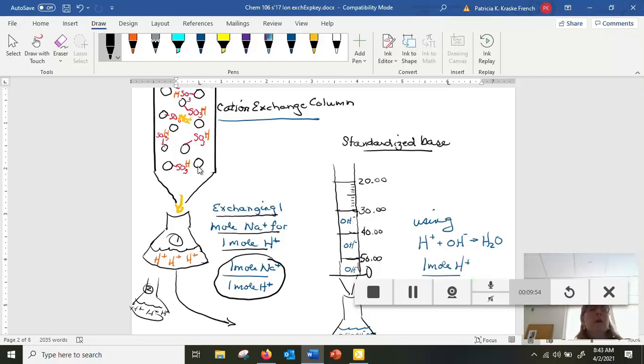Then we do it a 3rd time, okay? This particular cation exchange column is loaded with enough hydrogen so that we could probably do this 6 or 7 times before running out of hydrogens that can be exchanged. But let's not go that far. 3's plenty.